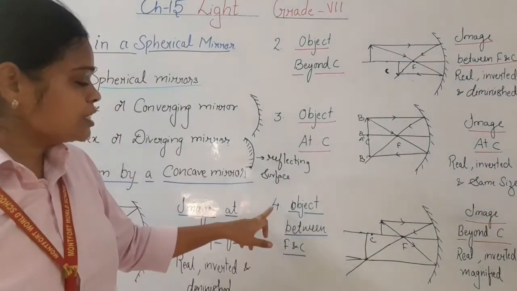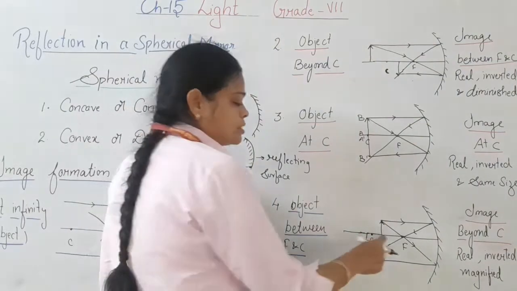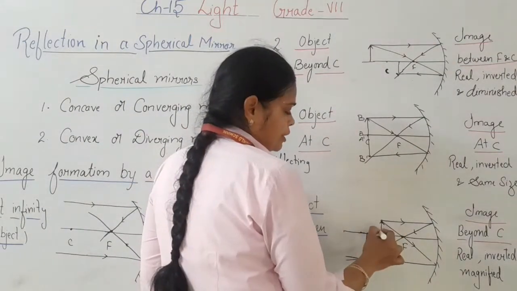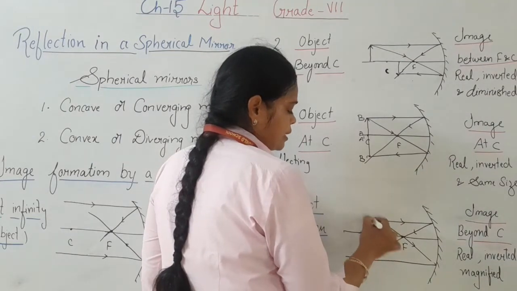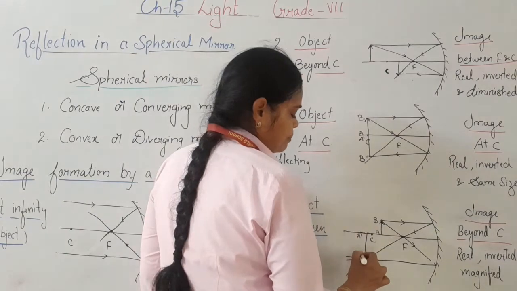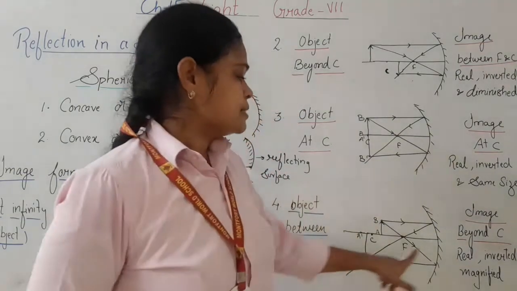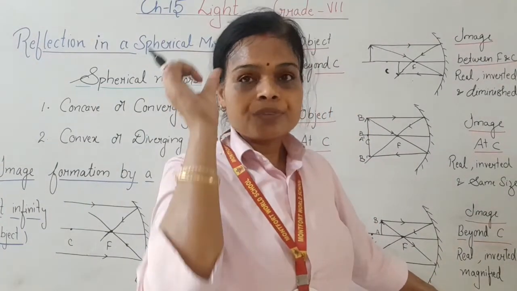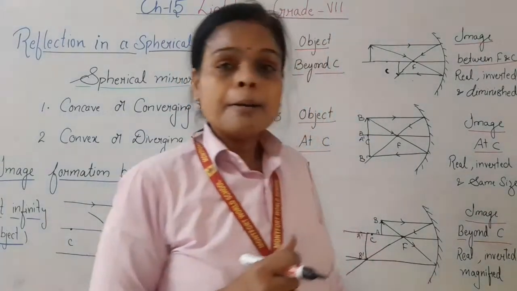Suppose the object is between the focus and the center of curvature. If the object is AB, then the image is formed beyond C, that is A dash B dash. The nature of the image is real, inverted and magnified.